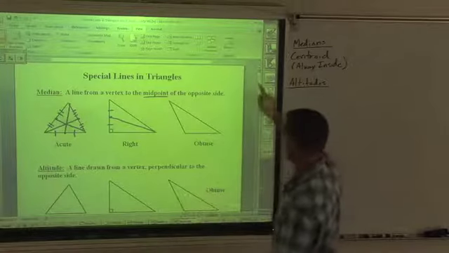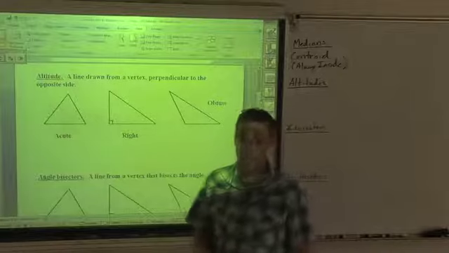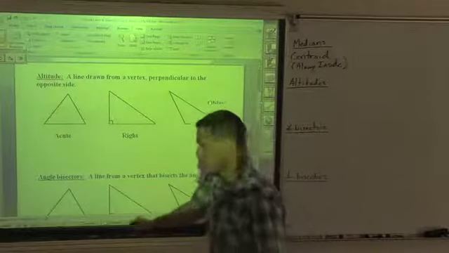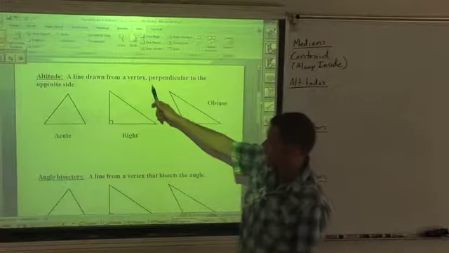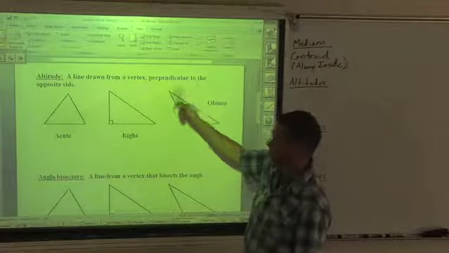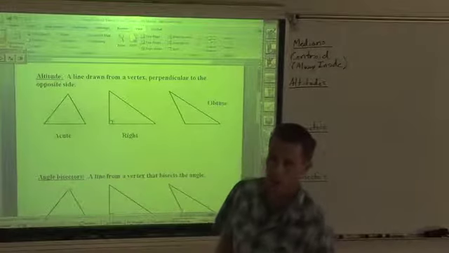Let's move on to our second line. Our second line is altitudes. By definition, an altitude is a line drawn from a vertex perpendicular to the opposite side. Now, the word midpoint is missing.